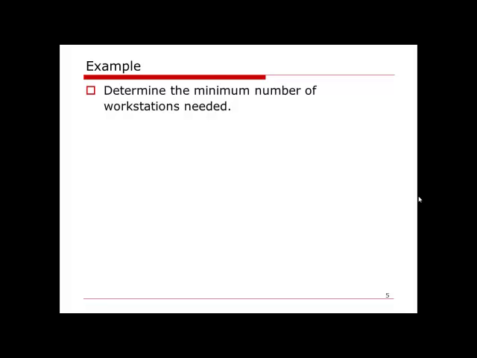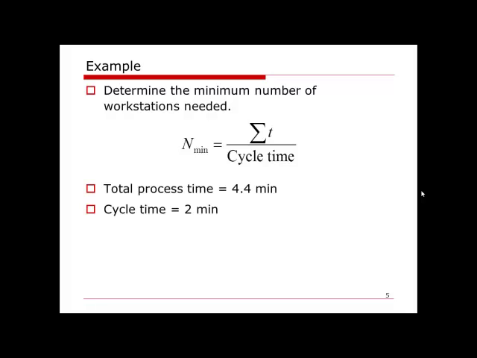Now we need to determine the minimum number of workstations needed. The minimum number of workstations is defined as the sum of all task times divided by the cycle time. The sum of all task times is what we calculated earlier. We add up the processing time of each task and get 4.4 minutes, which is the total processing time.